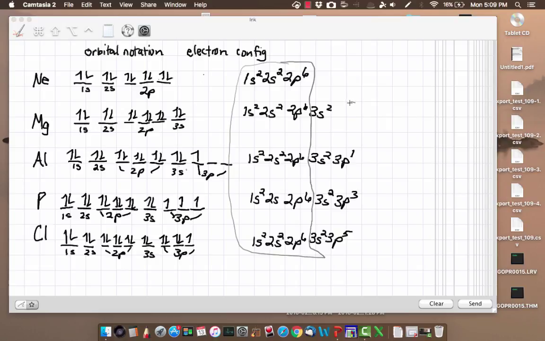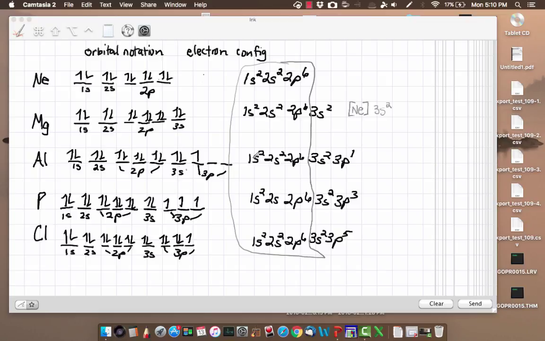You put the noble gas that this belongs to. So this is the same as neon up until this point, and after that point it's 3s2. So it's a shorthand way to show electron configuration.